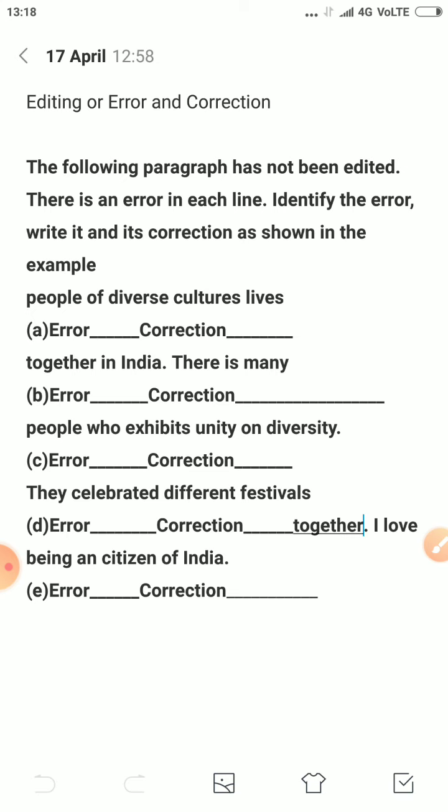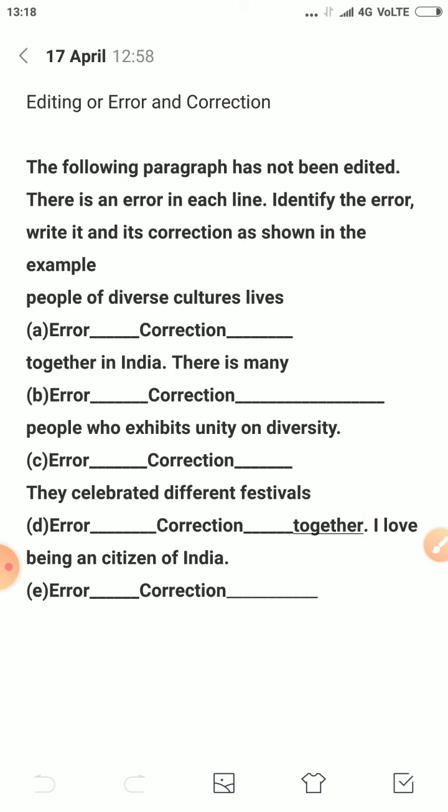Next line, people who exhibits unity on diversity. In this line there is also one error and you have to find the correction. We have to find which is the error. We have to make it a flawless line.